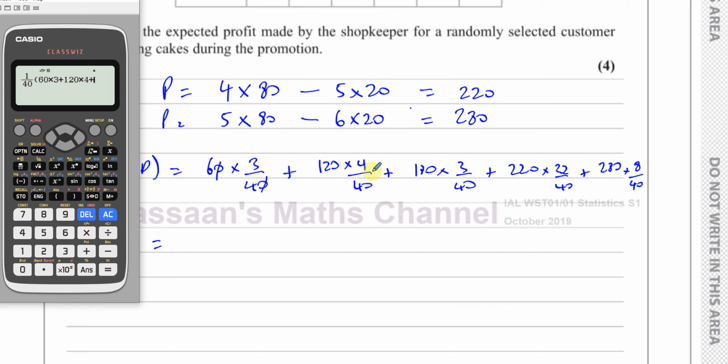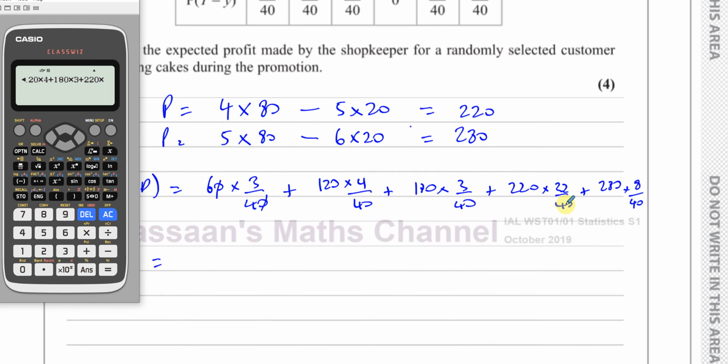120 times 4 plus 180 times 3 plus 220 times 22, can't read my own writing, plus 280 times 8.